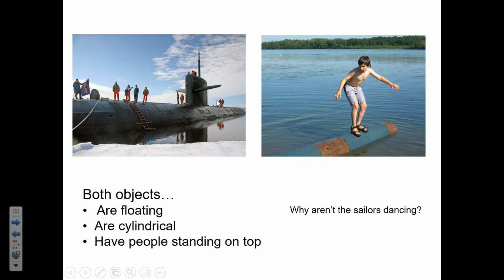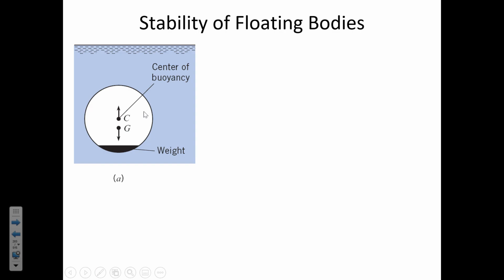There's something about that submarine, and it's not just its size. There's something else about it that makes it naturally stable so that this tower always is upright compared to the log, where the log isn't naturally stable. So that's what we're going to address today, is how you design something to be naturally stable.